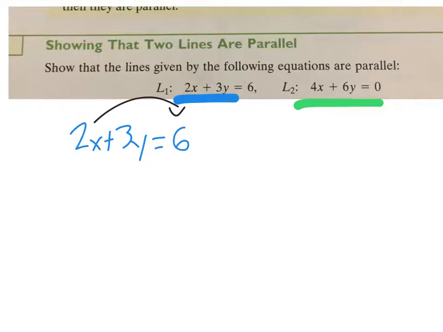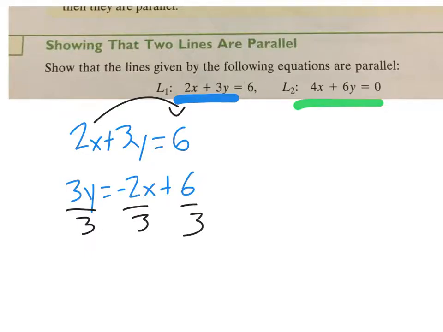So I move the 2x over. When I do that, it becomes 3y equals negative 2x plus 6. Now we're going to divide everything by 3. That gives us y equals negative 2/3 x plus 2.